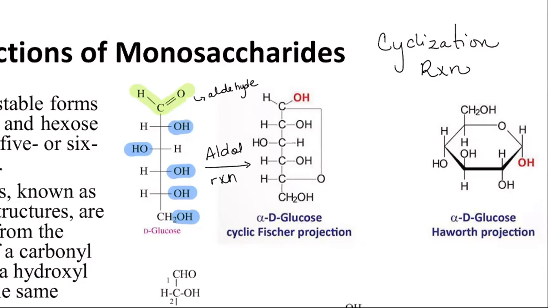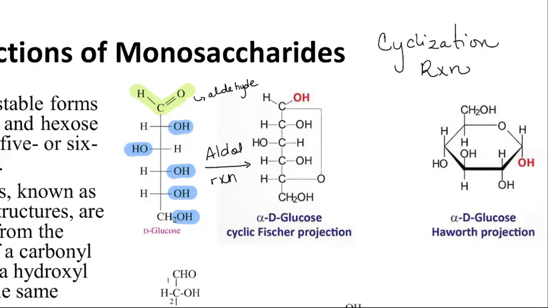And in this aldol reaction, all we're doing is combining the aldehyde, that's why the ALDO in the reaction, and then the OL from the alcohol. That's why it's called aldol. Now, not every single hydroxyl group in a monosaccharide will be able to undergo cyclization, okay? The OH that determines the D and L notation in your monosaccharide is the one that is undergoing the cyclization.